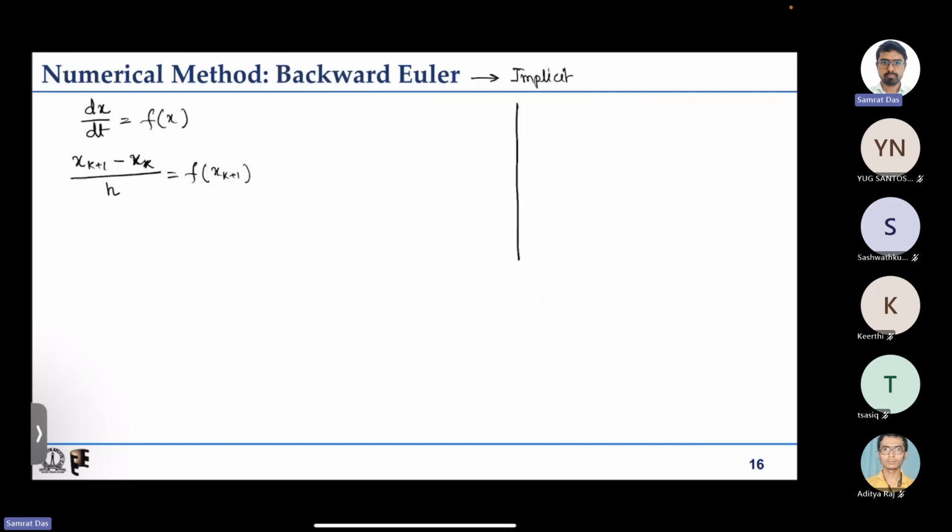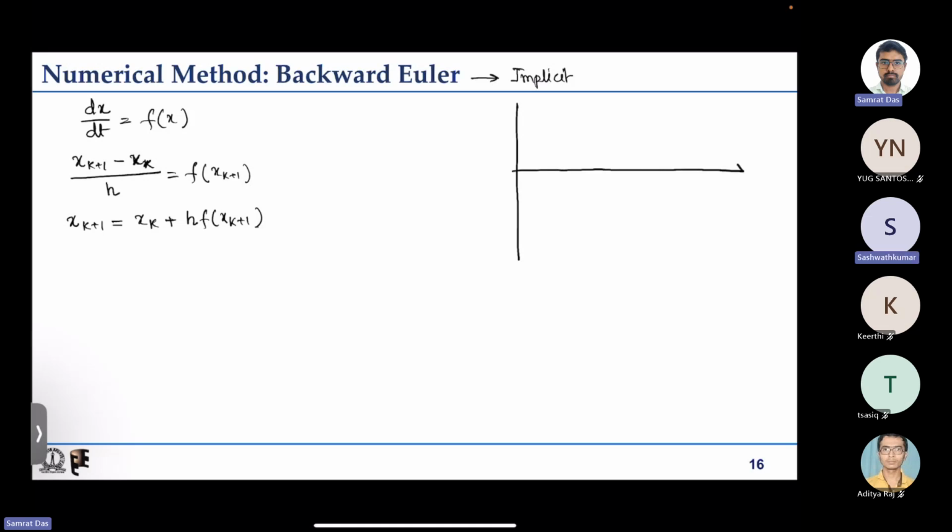So if we just write it, xk plus 1 is equal to xk plus h into f of xk plus 1. Now it will have to be solved appropriately, and let us go to the example of the field winding later on.